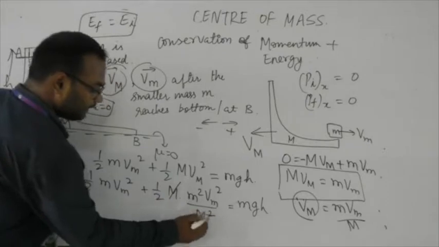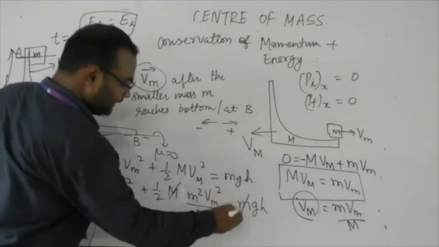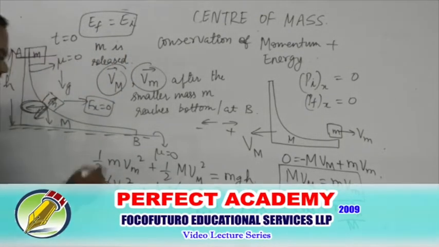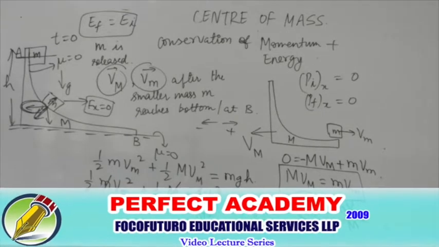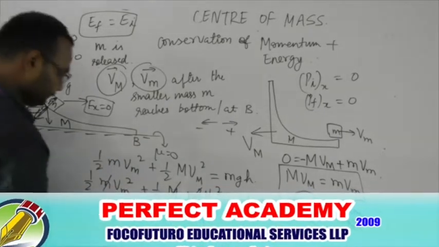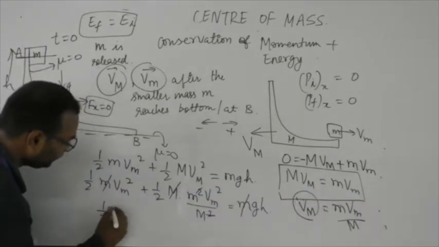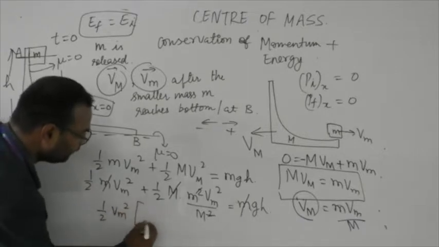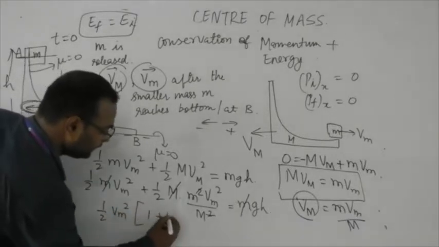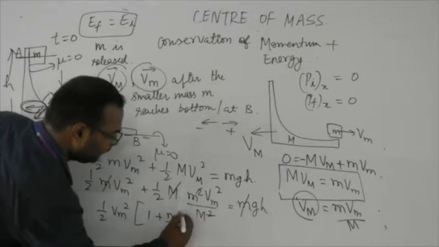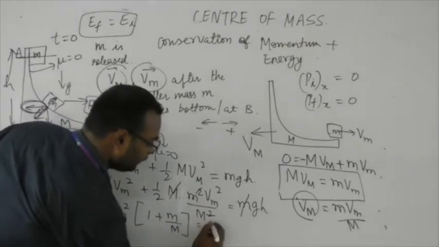One M will cancel out, and because of this m, also one m will cancel out. So the remaining will be half v_m square as common times 1 plus small m by capital M equals gh.